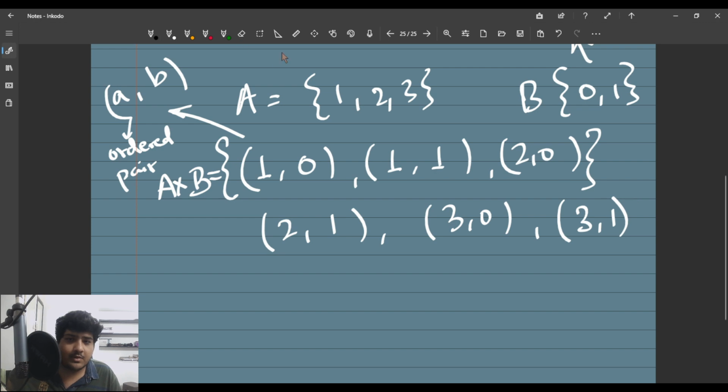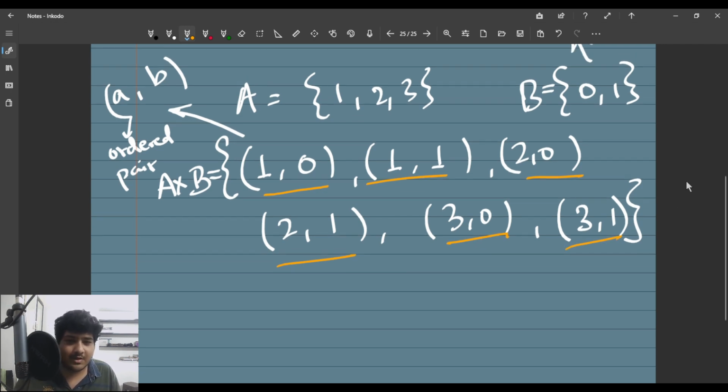So now you'll know exactly how many elements we'll have in A cross B, because A has 3 elements and B has 2 elements. For each of A's elements, there exist as many ordered pairs as there are elements in B. So for 1 there will be 2 ordered pairs, for 2 there will be 2 ordered pairs, and for 3 also there will be 2 ordered pairs. So these are ordered pairs for 1, these are ordered pairs for 2, these are ordered pairs for 3.